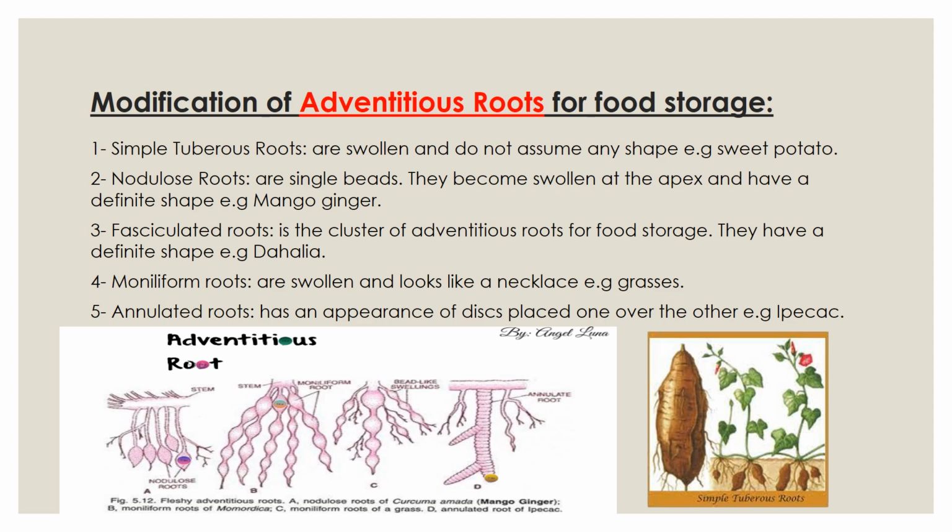Okay, the fifth one is annulated roots. These roots are characterized by what? They have an appearance of a disc. It looks like discs placed one over the other, as in the picture marked with D. We can find this one in the ipecac plant.